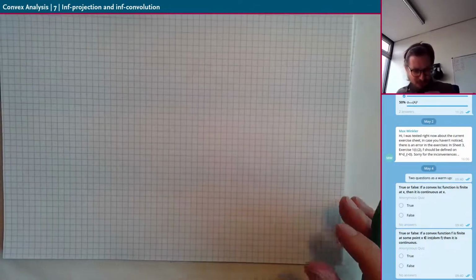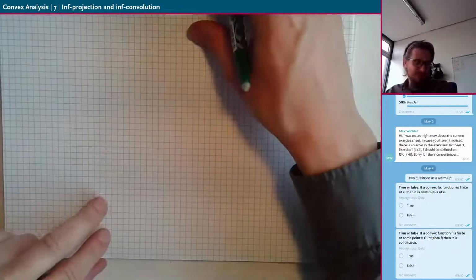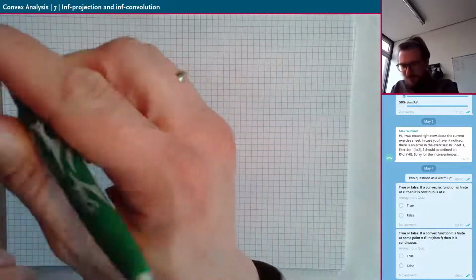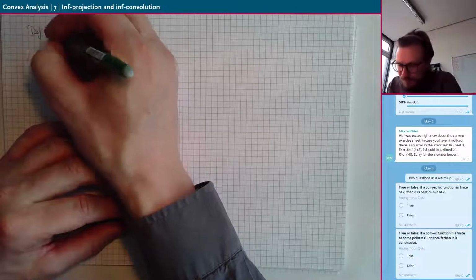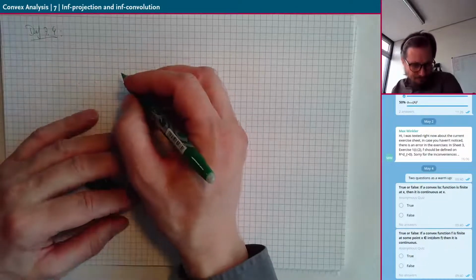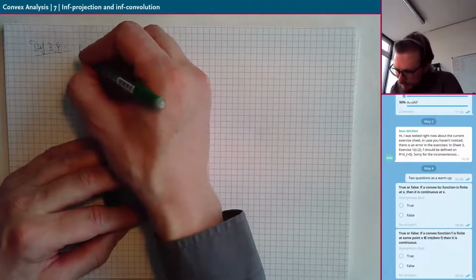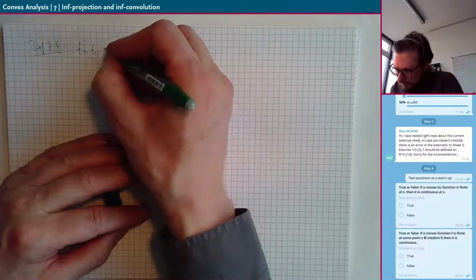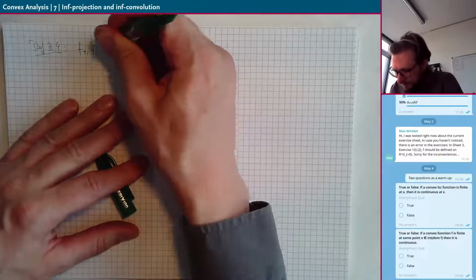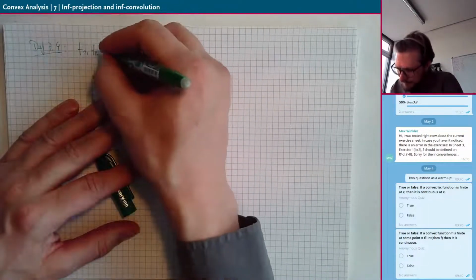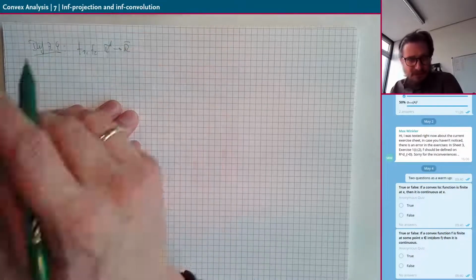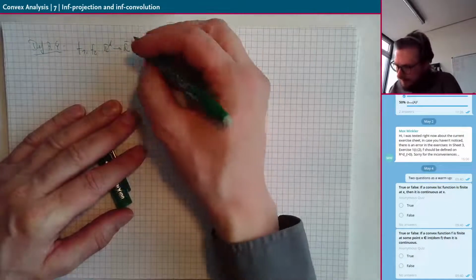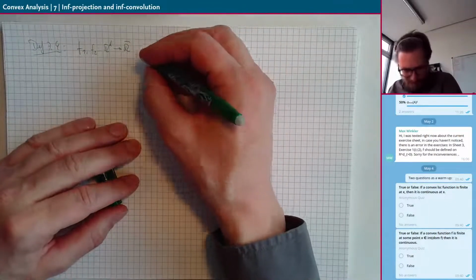So second notion, and as always, there's another notion for functions. Definition 7.4. So you have f1 and f2, two functions on R^d. We allow extended valued functions, and then we have the following thing.